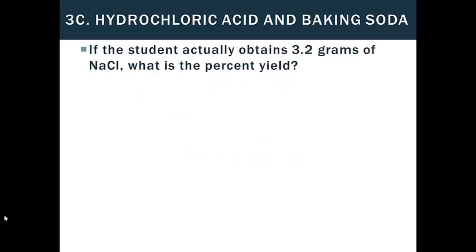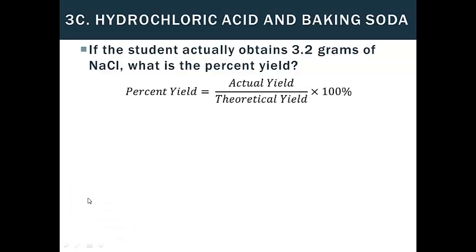So the next question says, if the student actually obtains 3.2 grams of NaCl, what is the percent yield? So we're going to need our equation. This is kind of like if you were taking a quiz and the maximum points that you could have gotten on this quiz, the maximum yield of sodium chloride, was 3.48.